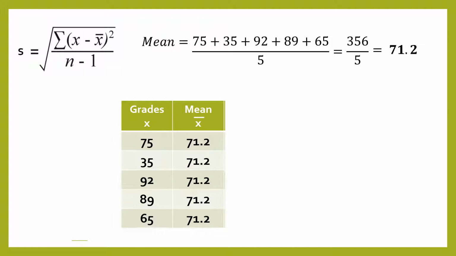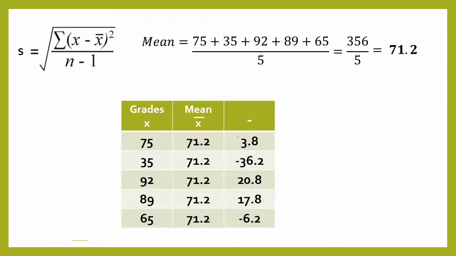The next thing we're going to do is find the difference between these two numbers. So we're going to subtract the mean from the grade. When we do that, something interesting to note is that we have some negative numbers and some positive numbers.